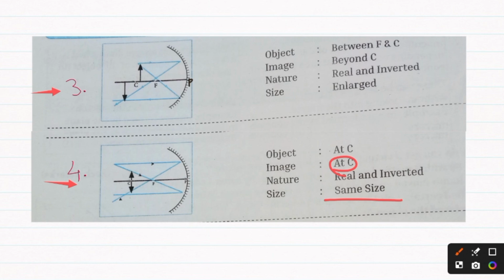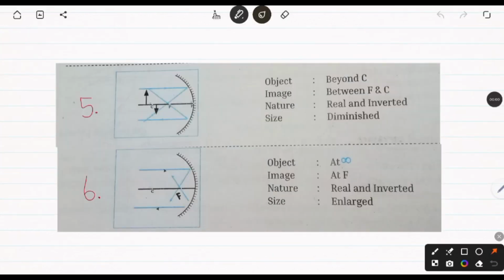Okay guys, so let's go for the fifth one. Here the object is beyond the center of curvature. As usual a ray comes parallel to the principal axis and it goes by passing through the focus, and a ray is going through the focus and going parallel to the principal axis.